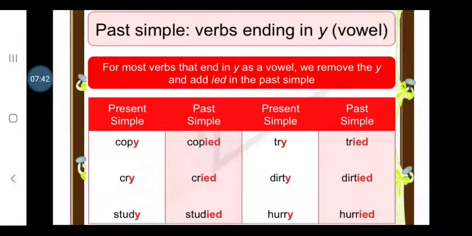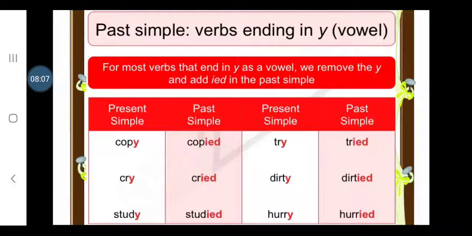Present simple and past simple. Try, dirty, hurry. Let's look at these three words again. Try, tried. Dirty, dirtied. Hurry, hurried. See that?